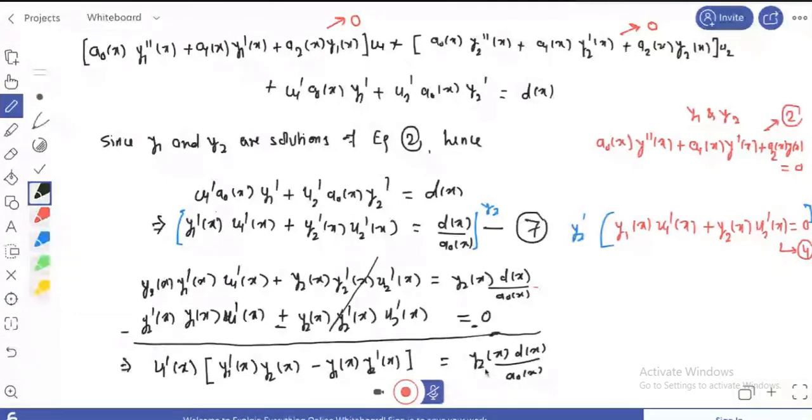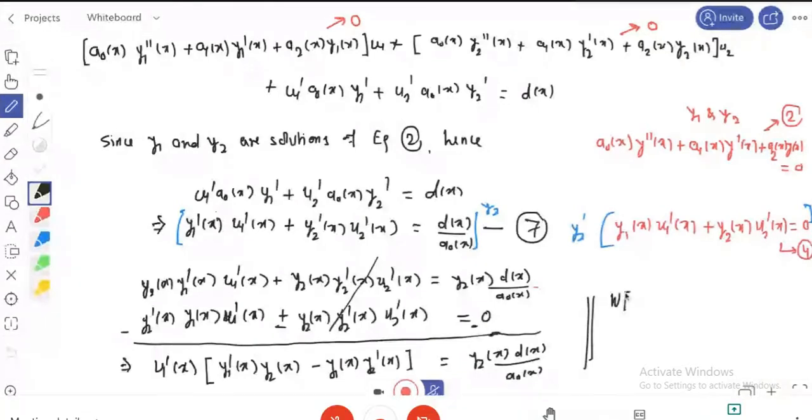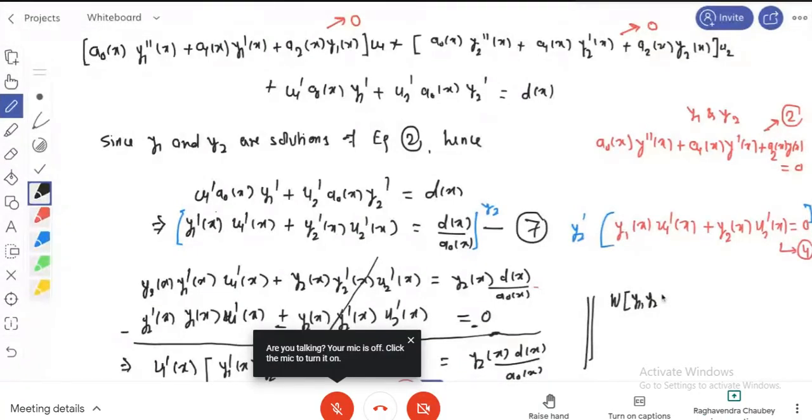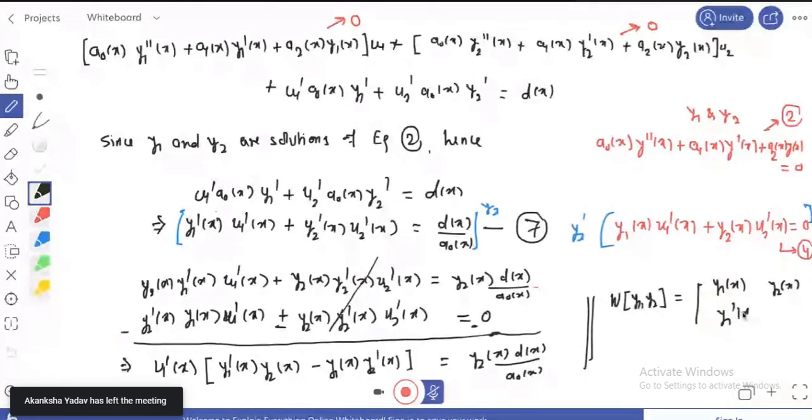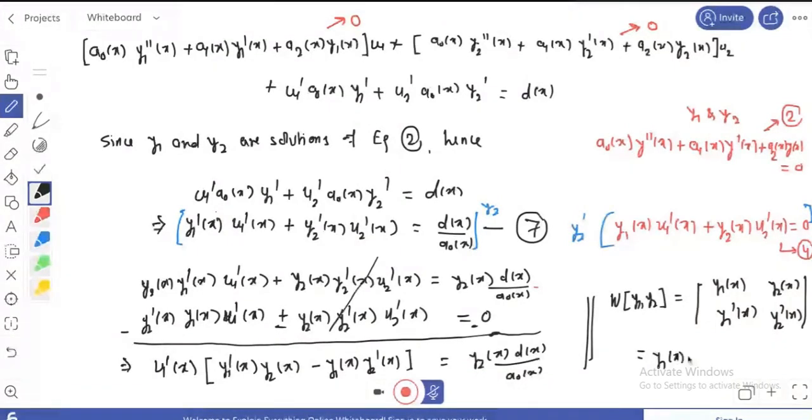And what is the Wronskian? What is the Wronskian of these two functions? It is simply the determinant with rows y1(x), y2(x) and y1'(x), y2'(x). The determinant of this equals y1(x) y2'(x) minus y2(x) y1'(x).